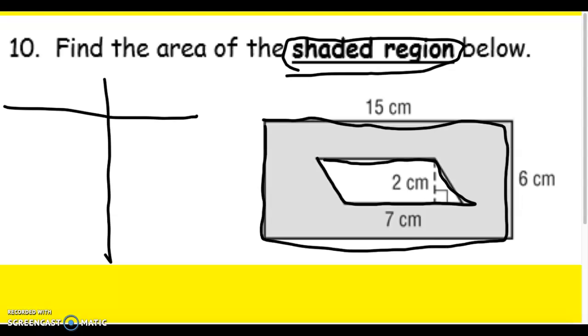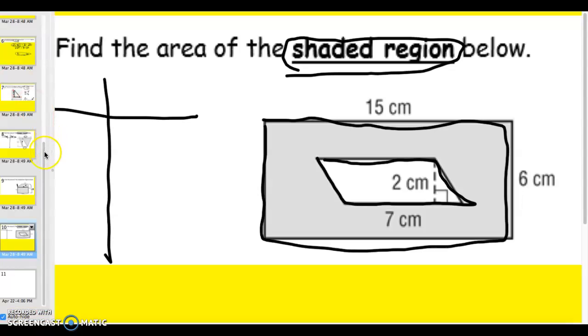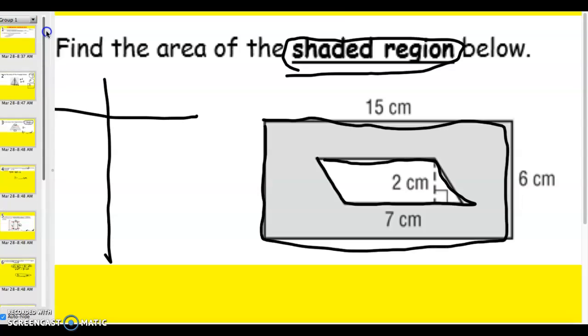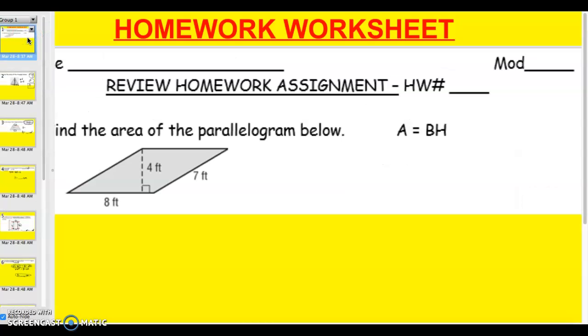Okay, so that actually is all of tonight's homework assignment. I want you to do a really good job on it, labeling everything. If you feel that there's not enough room to show your work on the worksheet, please use loose leaf paper to show your work. And you can just send me pictures of that.